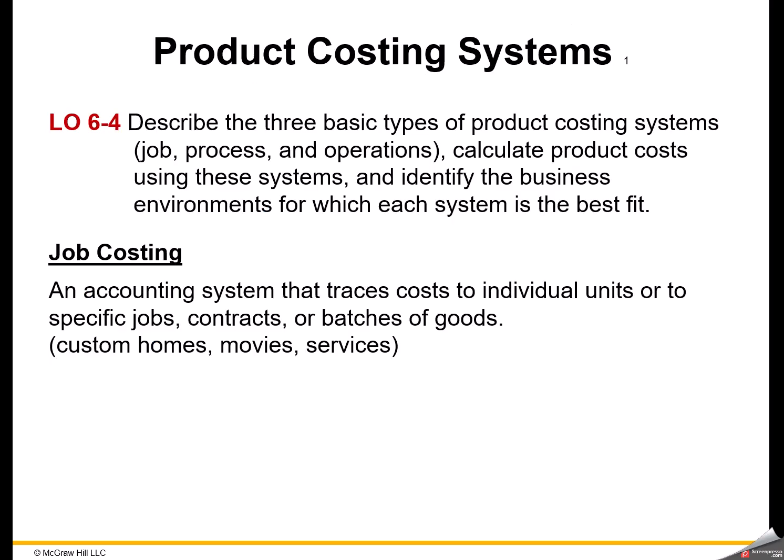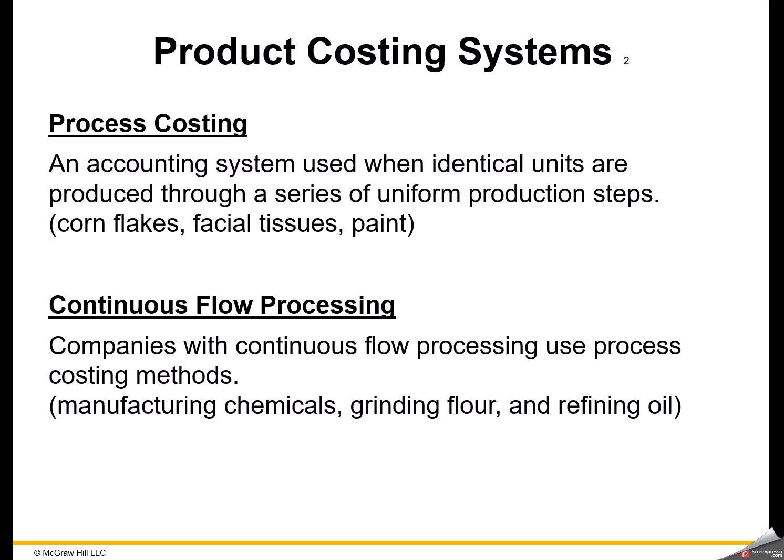With our product costing systems, we can have ones that we trace to specific jobs or specific contracts, and then those job numbers would be charged as the costs are moved. We can also have process costing where we're making very similar products over and over again in a very uniform fashion, or a continuous flow type process.